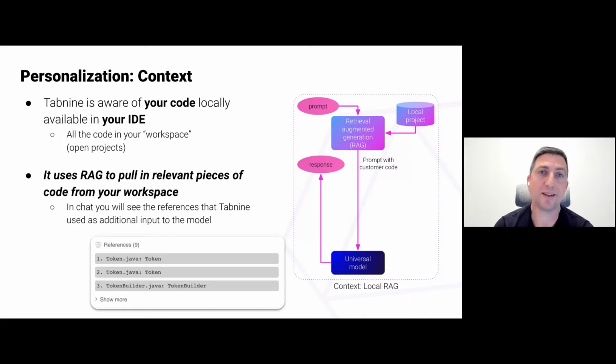Whatever you ask Tabnine in the chat prompt gets augmented by this additional context when it is sent to the model, and it is used to provide answers to you, the user. I'll show you that Tabnine chat gives you a hint of what sources it has been using to answer your questions.